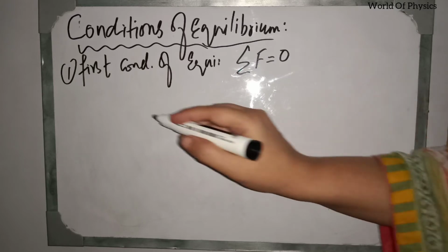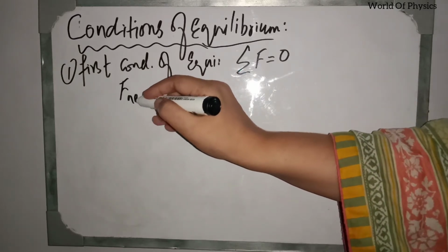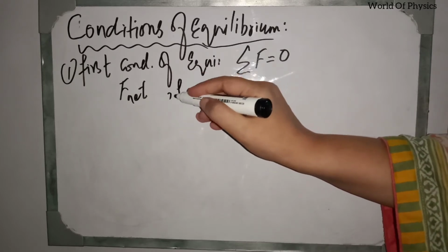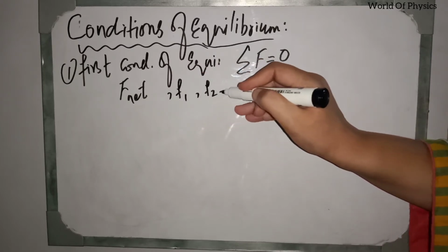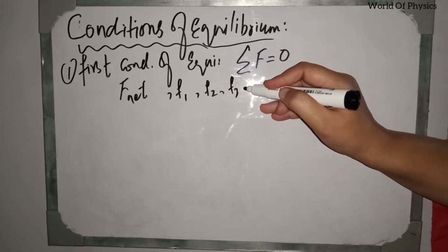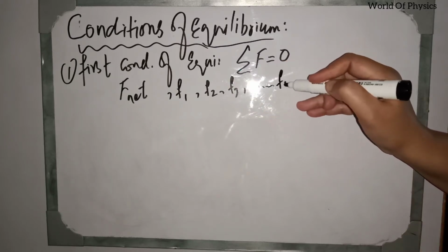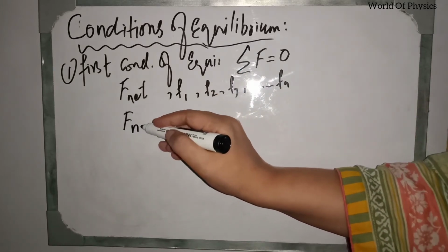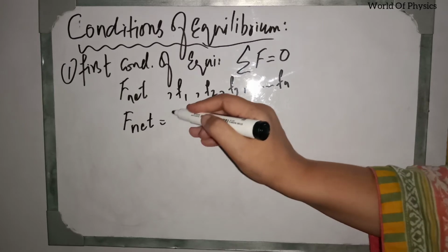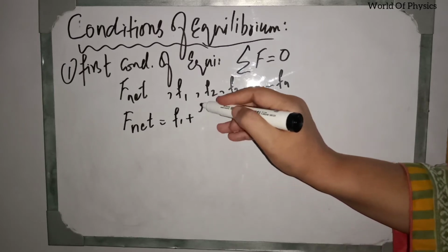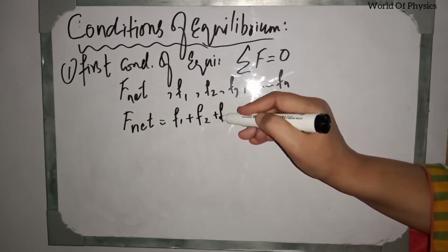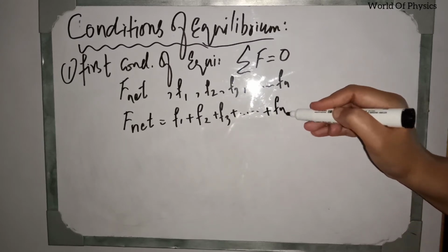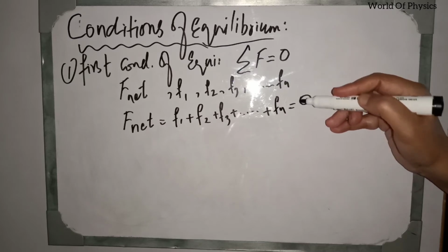So mathematically, if F net is the sum of the forces F1, F2, F3 up to Fn, then their sum should be equal to 0. So we can say that F net should be equal to F1 plus F2 plus F3 plus up to Fn, and all this sum should be equal to 0.